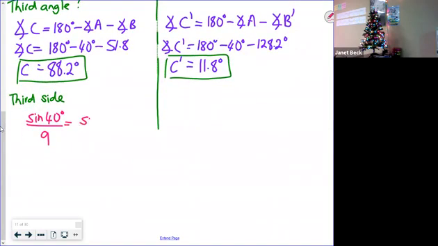And I'm going to do the sine of angle C divided by side length C. And how big is angle C? On this one, it's 88.2. And on this one, okay, so you finish off the problem like that.